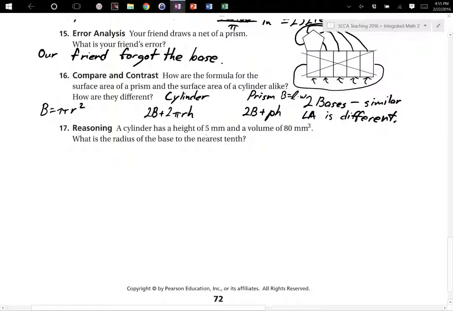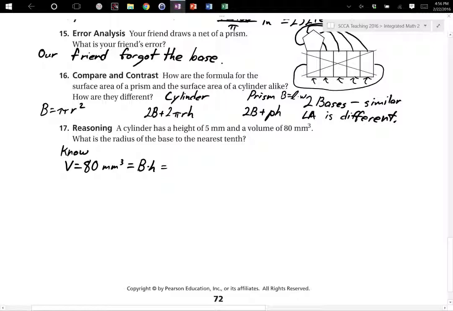A cylinder has a height of 5 millimeters and a volume of 800 millimeters cubed. What is the radius of the base to the nearest tenth? Well, what do we know? I know my volume, that is 80 millimeters cubed. And I also know the relationship for my volume, that is the base area times the height.